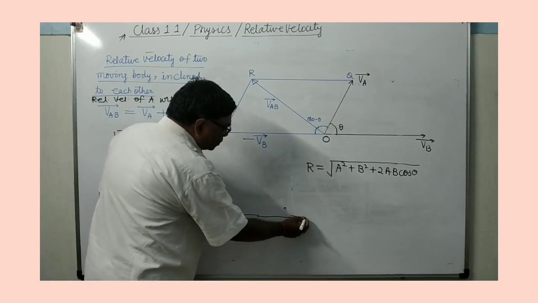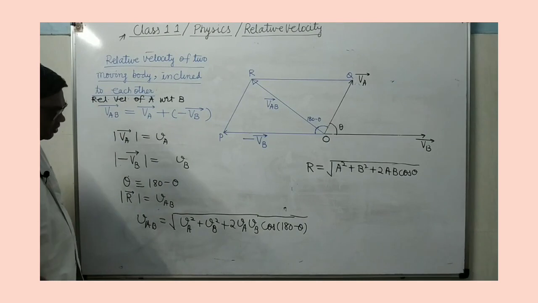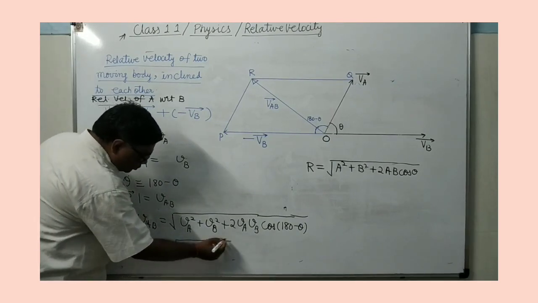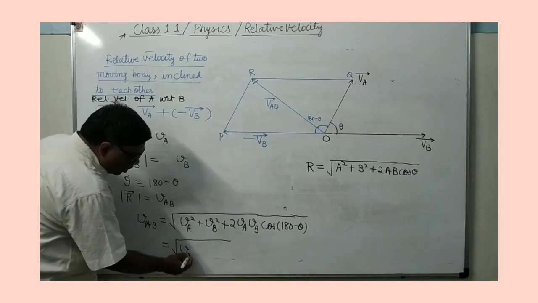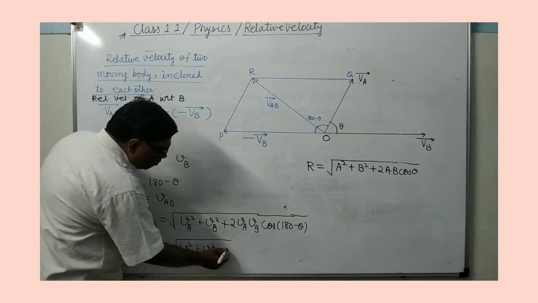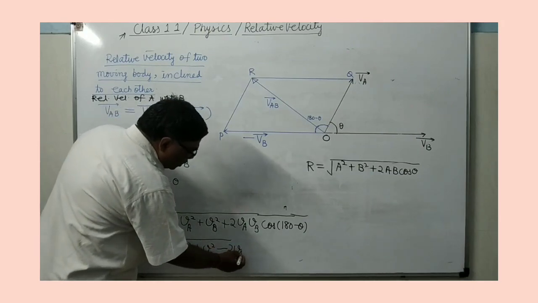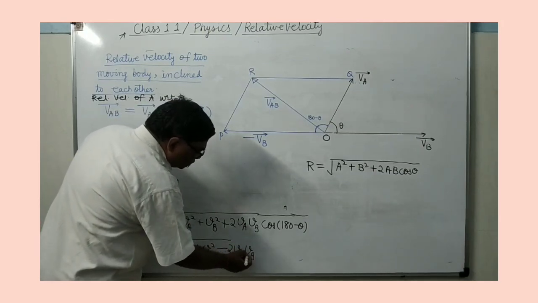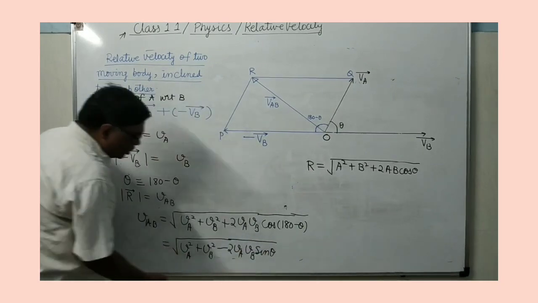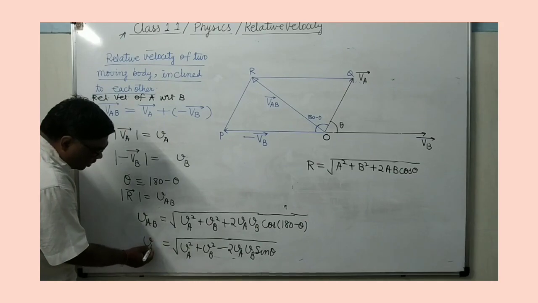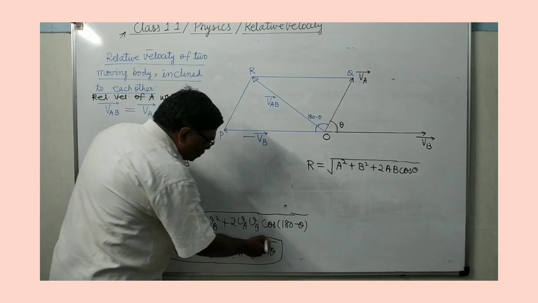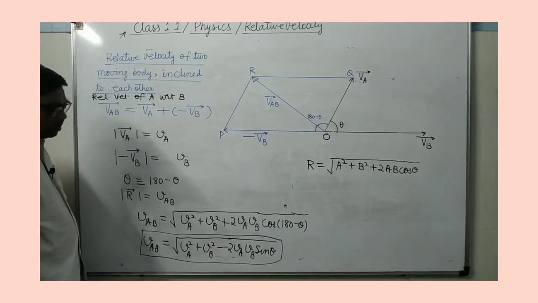Cos 180 minus theta means minus cos theta. So it is equal to the square root of VA square plus VB square minus 2 VA VB cos theta. This is VAB. It's clear.